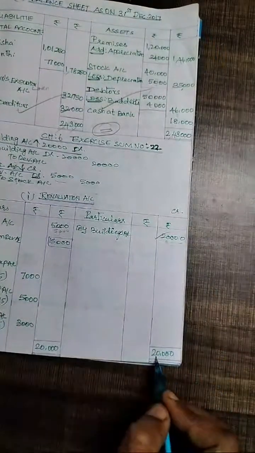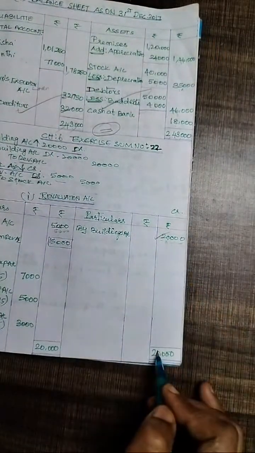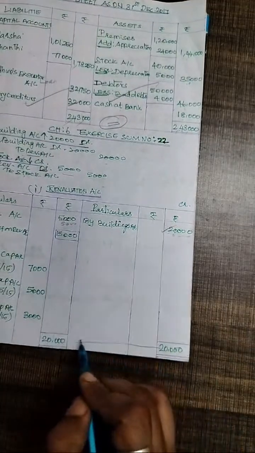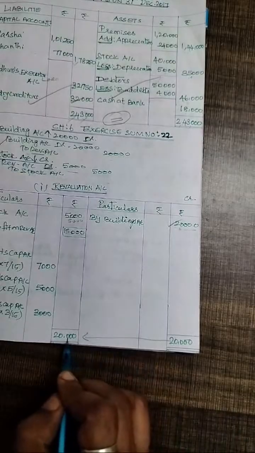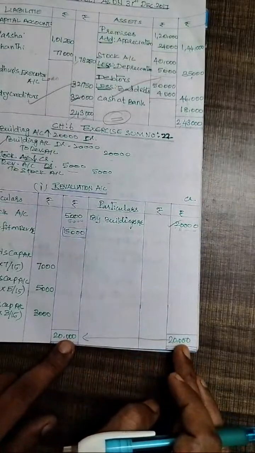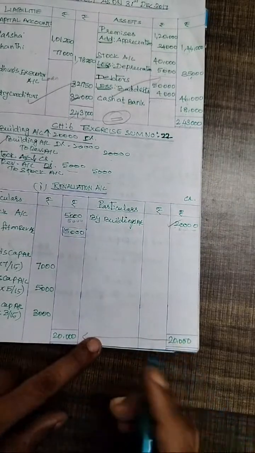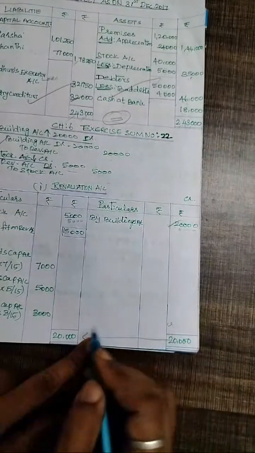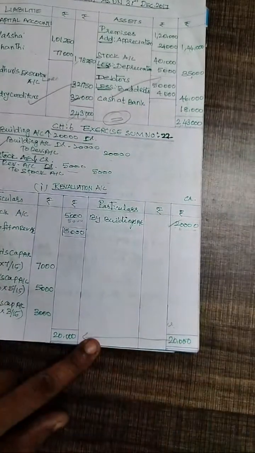So on the credit side we enter 20,000 rupees as total. After entering the total, the same value you enter on the debit side as total. After entering the total, listen to the format. If you get the total on the credit side, you will get the profit on the debit side.